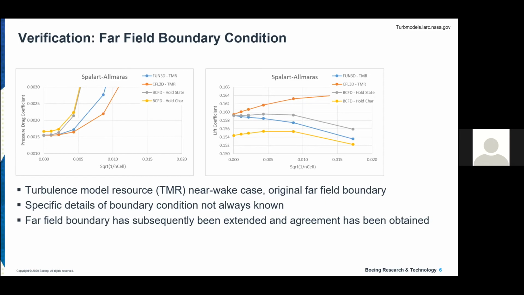However, the far field boundary condition is only specified as being characteristic based, and that leads to some ambiguity. We had originally implemented a different characteristics boundary condition that you can see goes to a very different drag level. And it's even more exacerbated if you look at the lift coefficient. The scale is somewhat zoomed in in this case, but you can see some pretty significant differences that take place, due to the detailed implementation of the boundary condition.